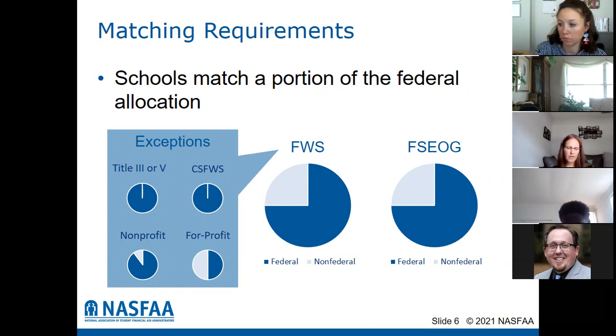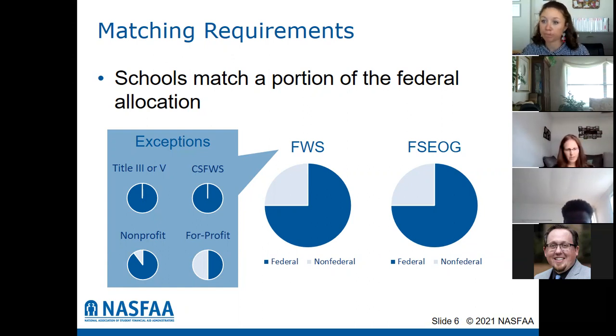Then you add the non-federal share and the federal share together for a total allocation of $85,000 of federal work-study funds. So 25% of 85,000 is 21,250, which is the school's portion, the non-federal share, and 75% is the 63,750, which is the federal share allocated from the federal government.